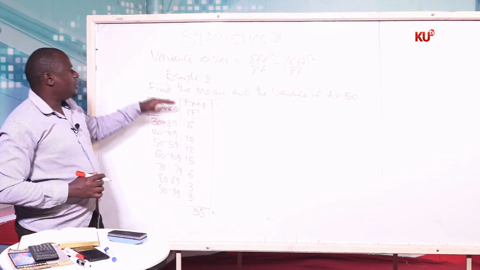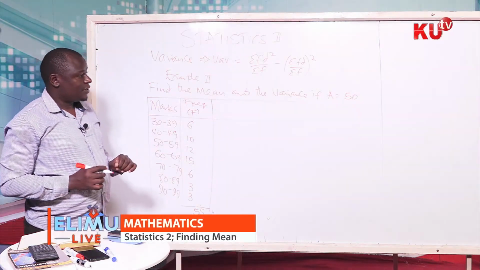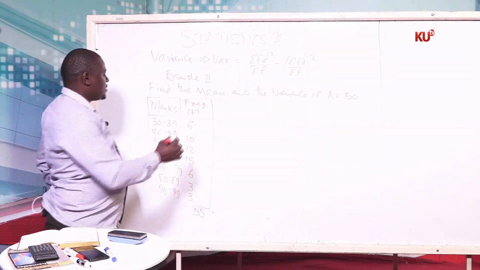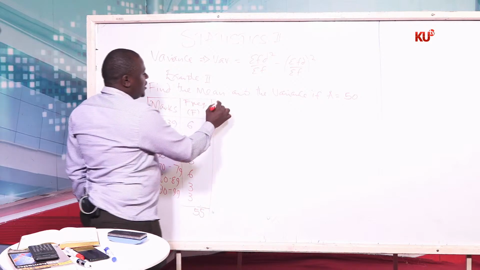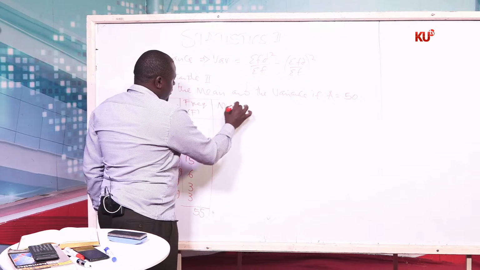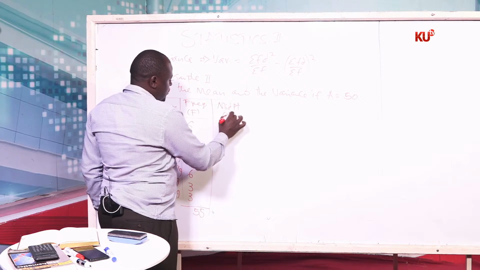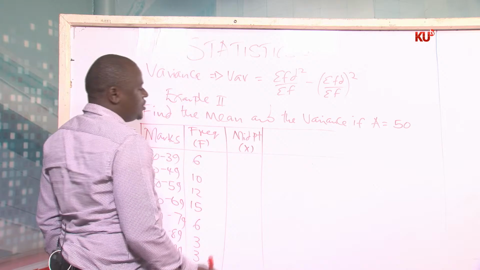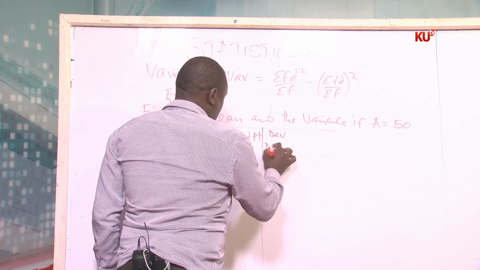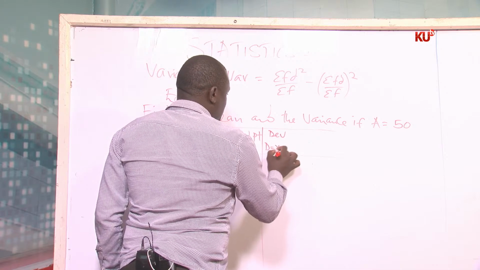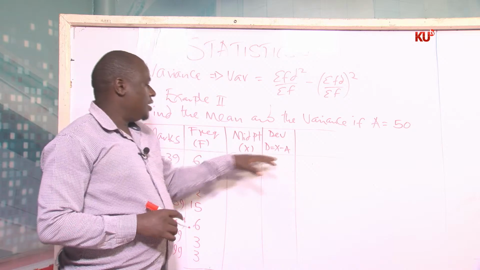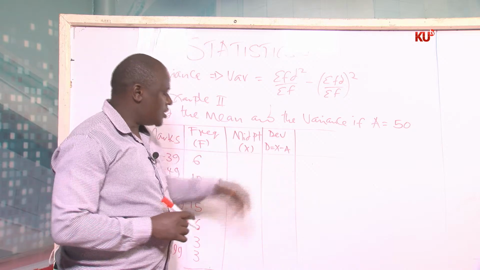With this table, we can go ahead and get the mean and get the variance. So we are going to do as we had done previously. This is marks, then frequency. We have now the midpoint, which we are calling x. Then after midpoint, we have another column called deviation. And we are saying D is given by x minus A. Deviation is given by midpoint minus assumed mean.